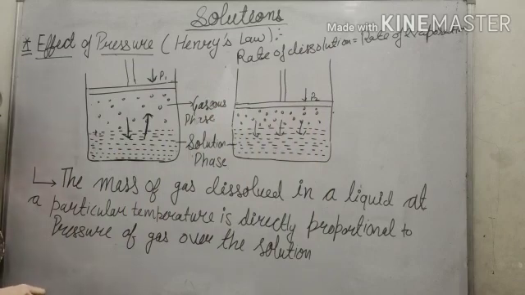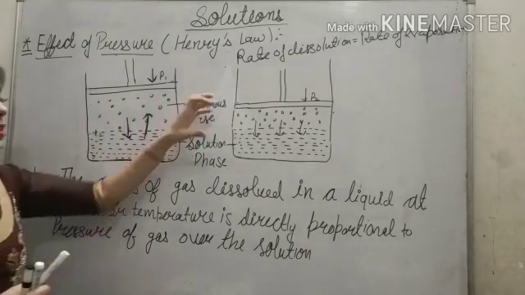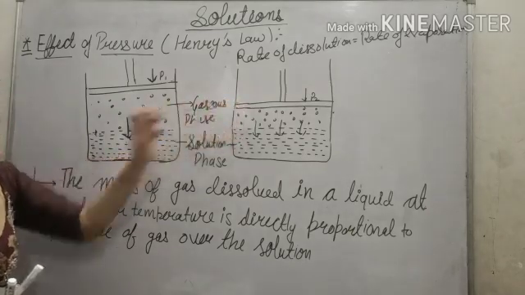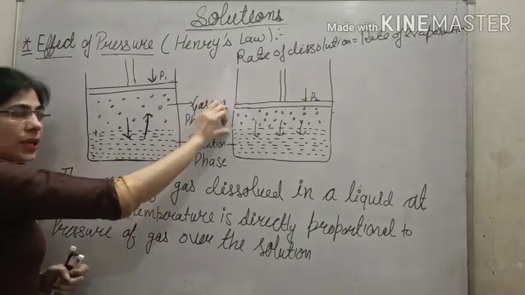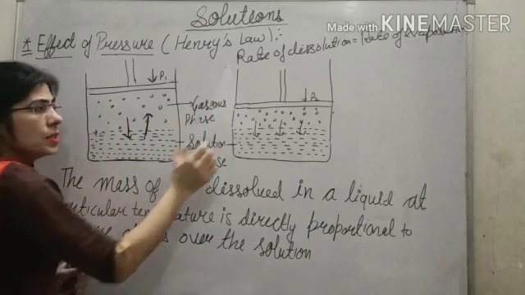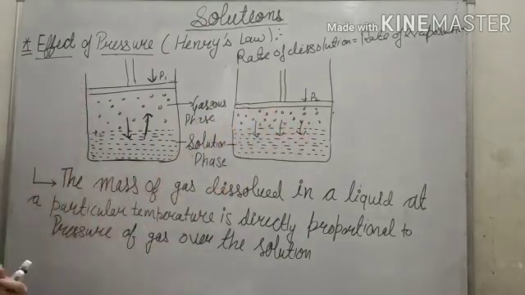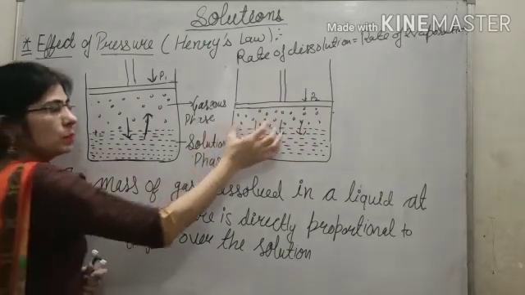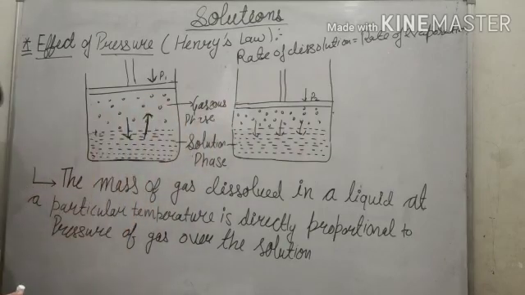Okay, now increase the pressure over the system, due to which the gaseous particles compress to a smaller volume. As a result, the number of particles per unit volume increases as volume decreases.